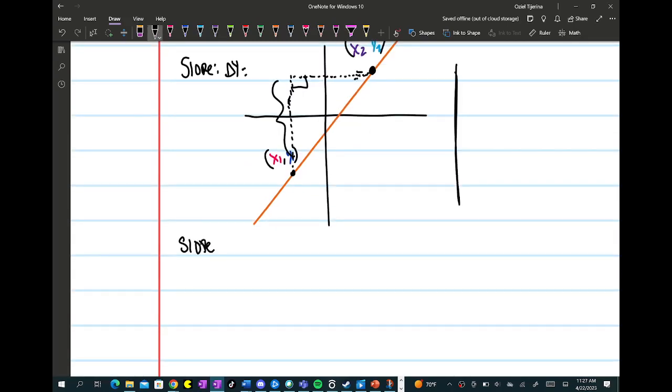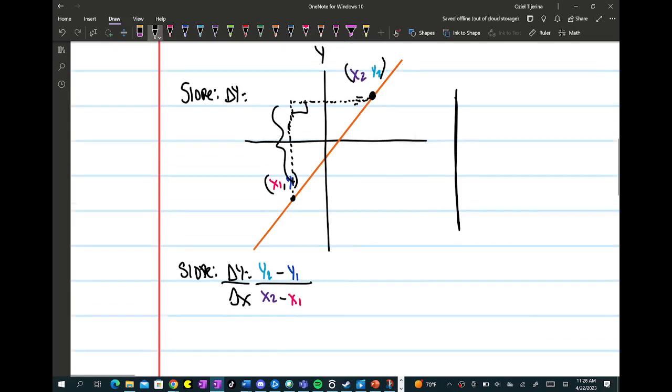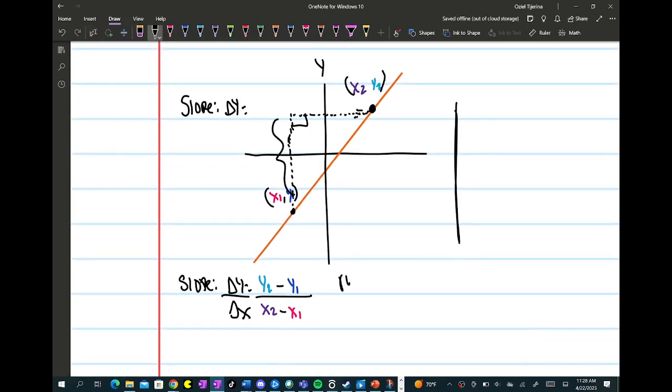The change in y is going to be y2 minus y1, and then the change in x will be x2 minus x1. And that is the idea of slope. That is called rate of change. You can also call it rate of change.